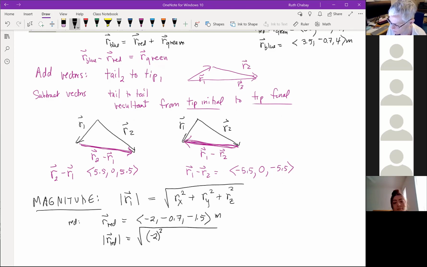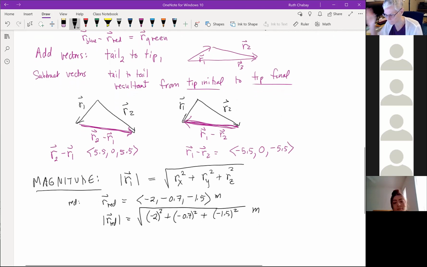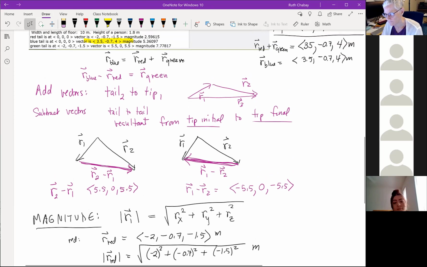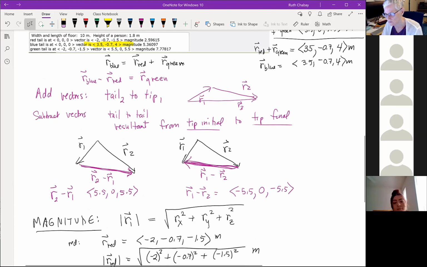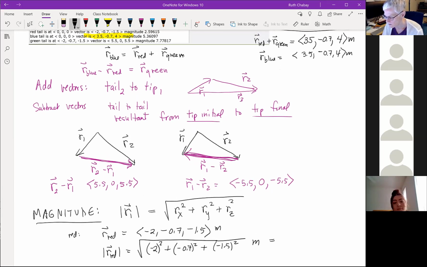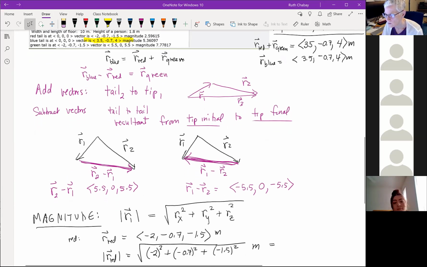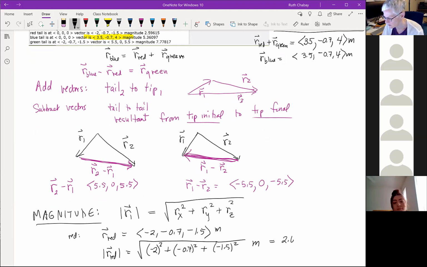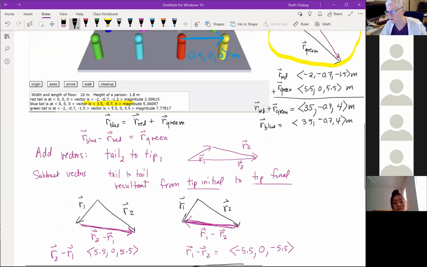This is meters, I better be writing units. Plus a negative 0.7 squared plus a negative 1.5 squared meters. And if we work this out, which the computer has cleverly done for us, we find that this comes out to 2.6 meters.